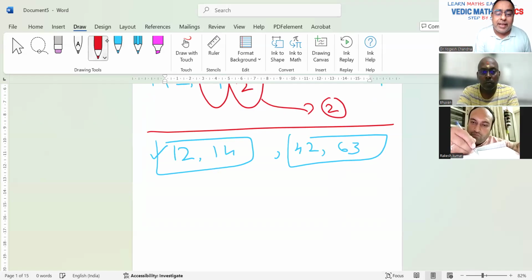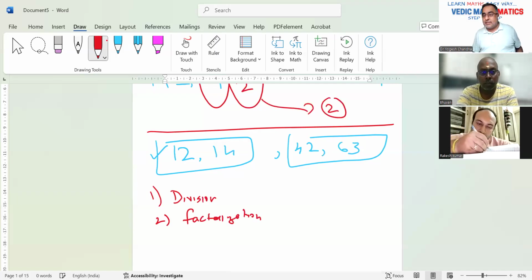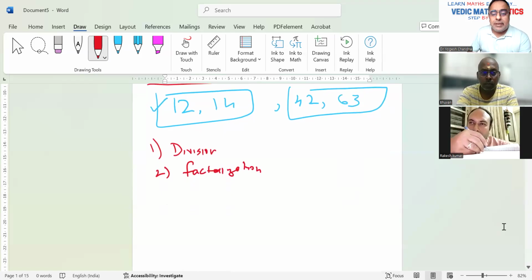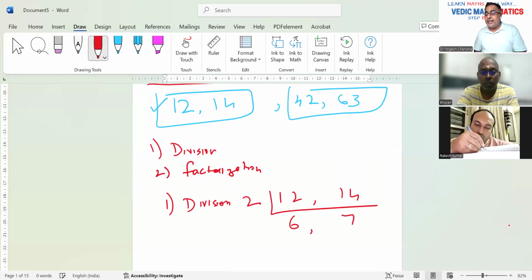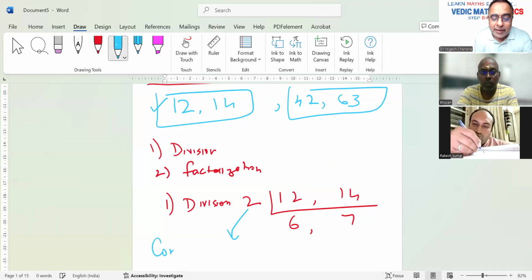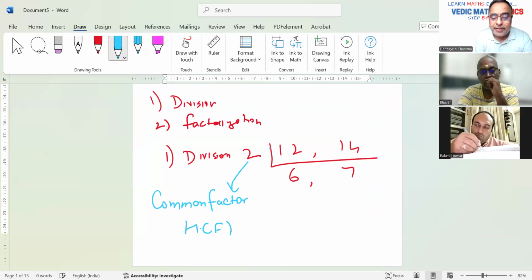The first method you have done is the division method. The second you have done is prime factorization. And the third we'll be studying today is Vedic maths. So division. 12, 14, 2 is common, 6, 7. Now we cannot further divide. Can we? No. This is the common factor, and this is also called HCF.